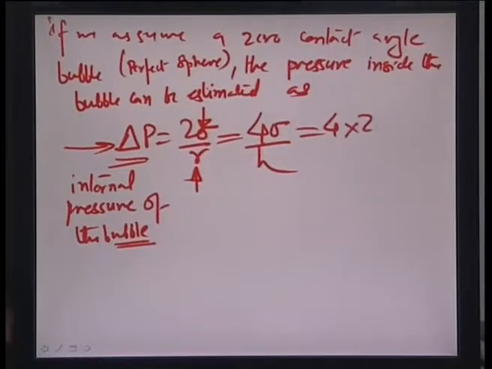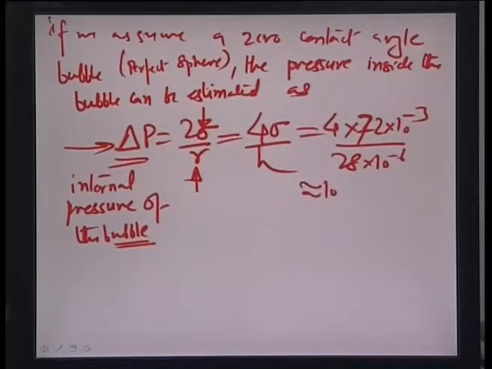So 4 times 72 times 10 to the power minus 3 by 28 times 10 to the power minus 6. This comes out to be about 10 to the power 5 pascals, or 1 bar pressure. So all the properties are really defined at 1 bar. Therefore we can find the specific density of the electrolysis gas mixture of hydrogen and oxygen at 1 bar pressure. Let us go ahead and do that.